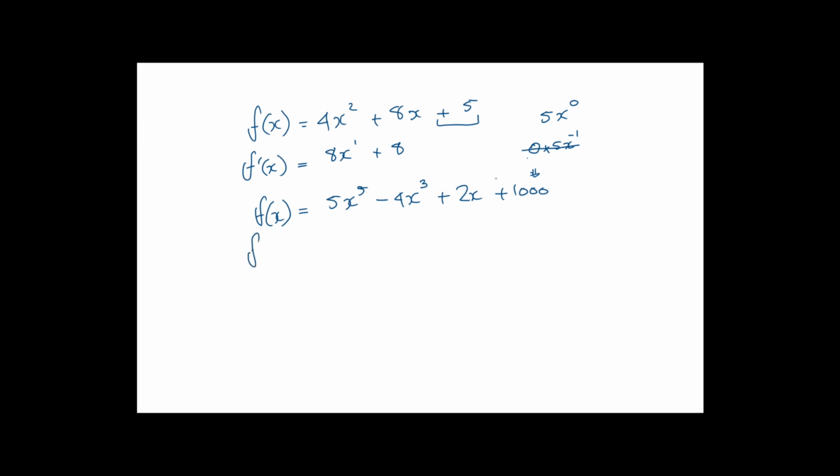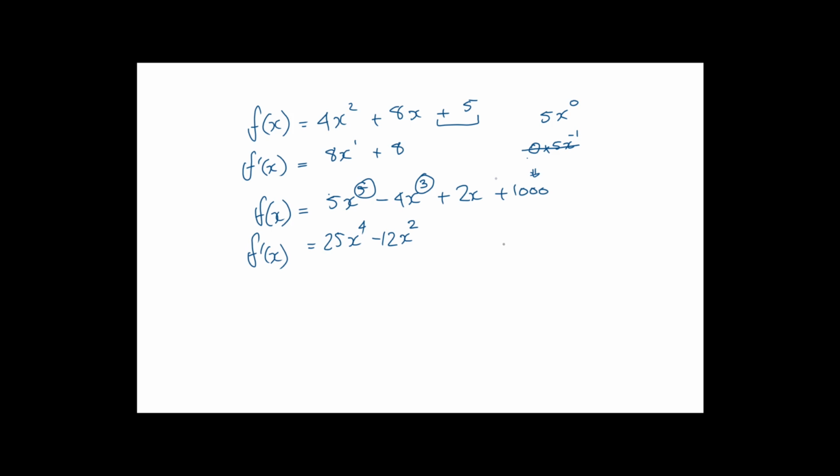So let's differentiate it. f dash of x is going to be 5 times 5, which is 25. And then we lose one up here. It becomes 4. And then we're going to have 3 times negative 4, which is negative 12x, and then the 3 will lose 1.